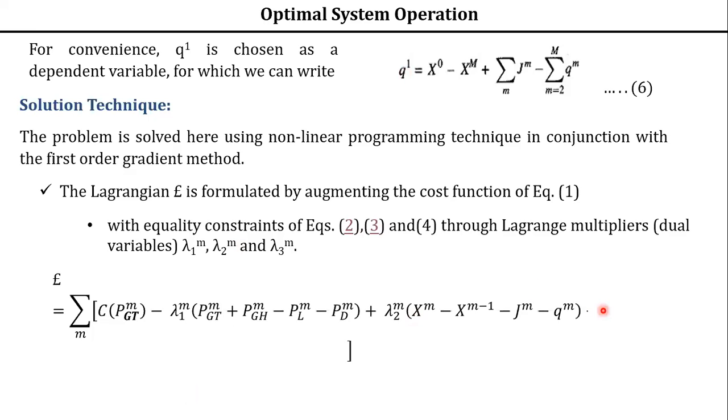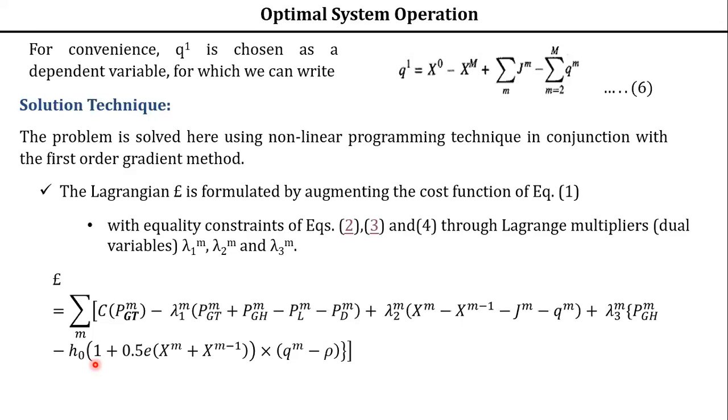Then again plus lambda 3 of your power generation by the hydropower plant alone. Understood? So plus lambda 3 of, you see, this is the total equation, your equation 4, which is the equation for your real power generation by the hydropower plant.